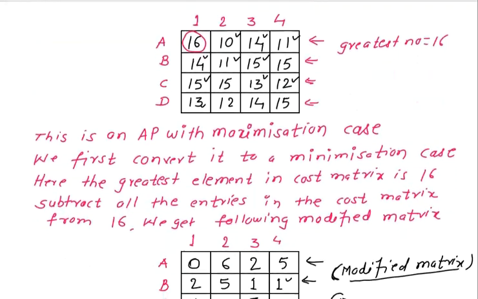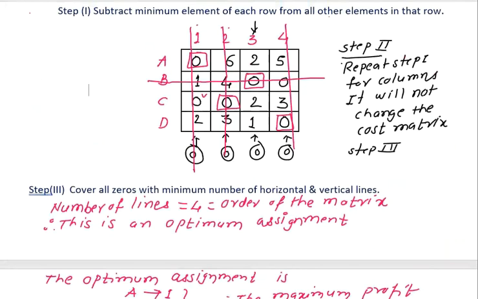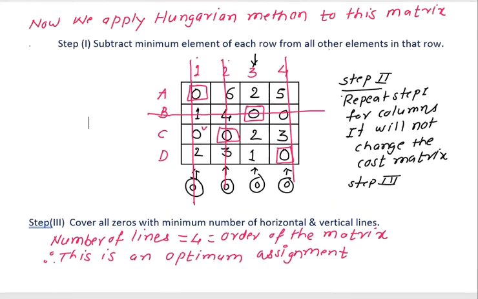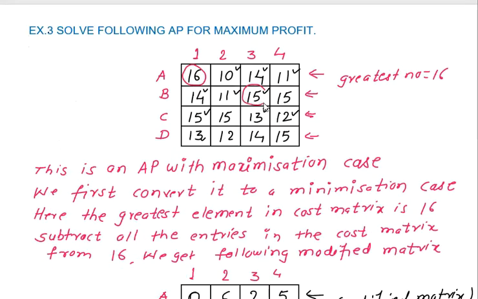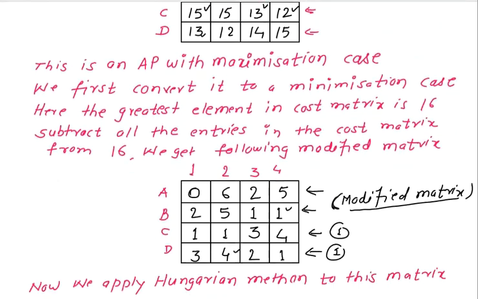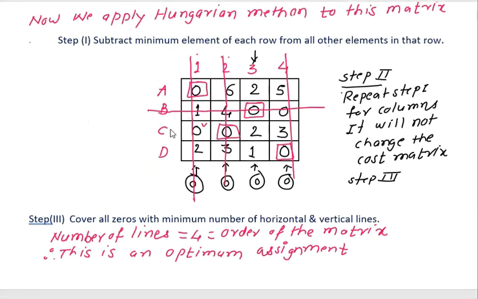Now, the second assignment is B assigned with machine 3. So C23 is the next cost. This is the maximum. We are getting maximum profit with this assignment. Then the assignment in the third row: C is assigned with 2.